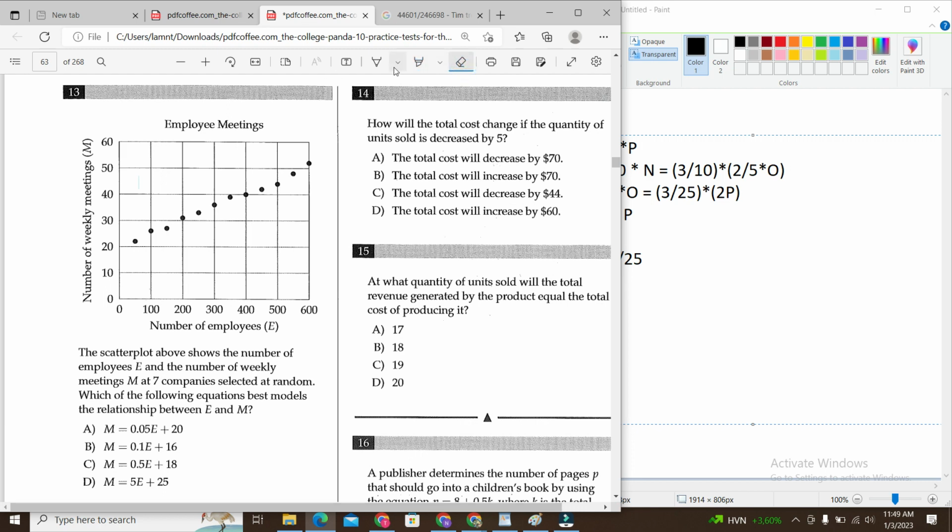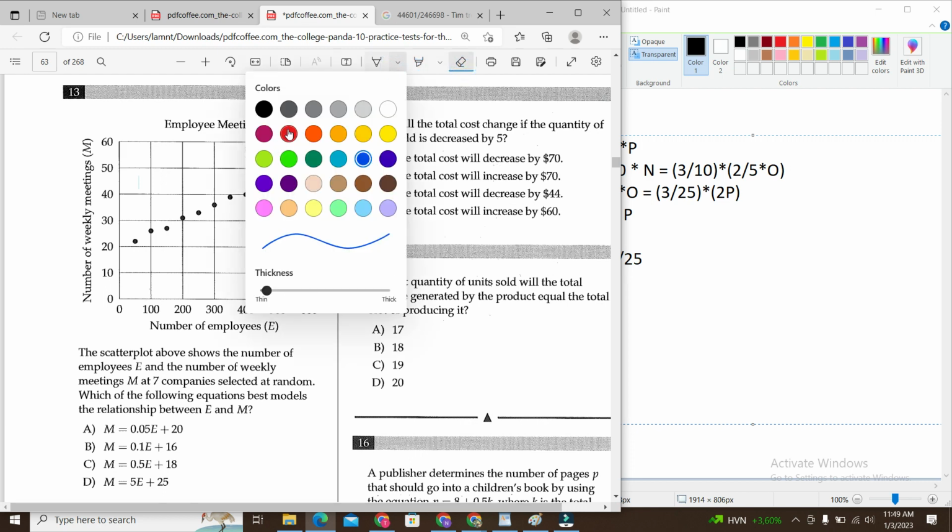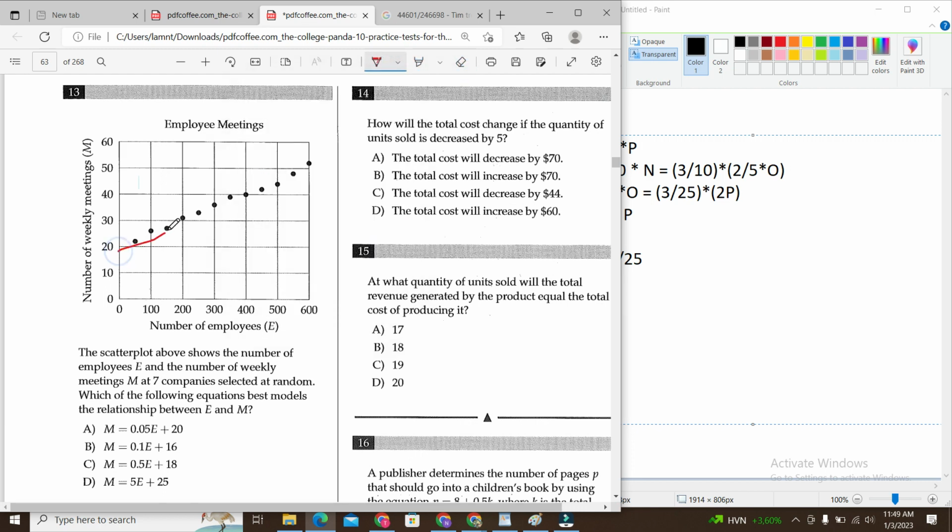So you can draw a best fit line through it, and we want to try to find the equation for this line, which is the best estimate of these scatter points, the scatter points of the data.